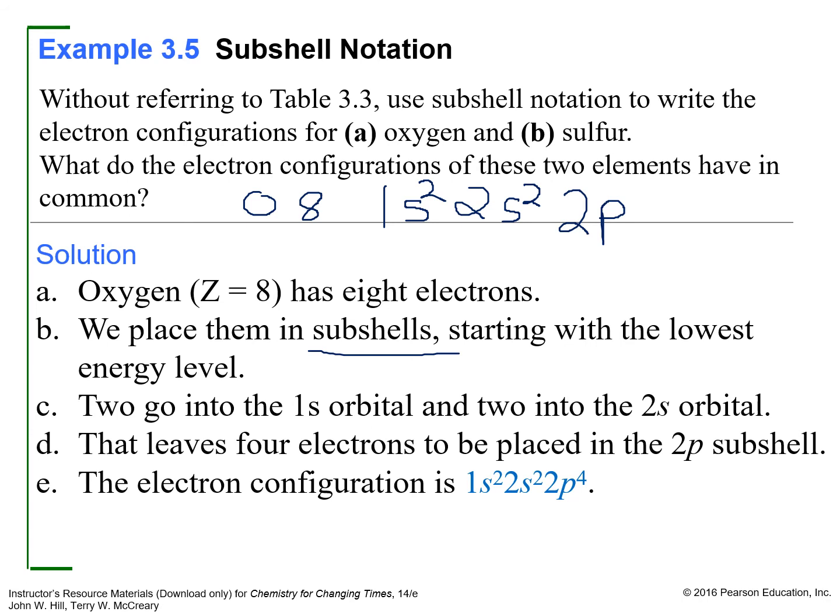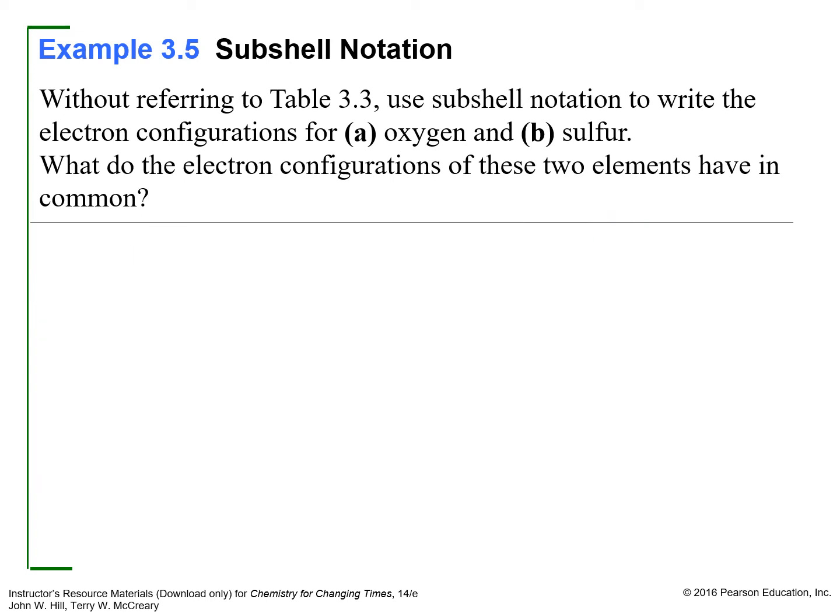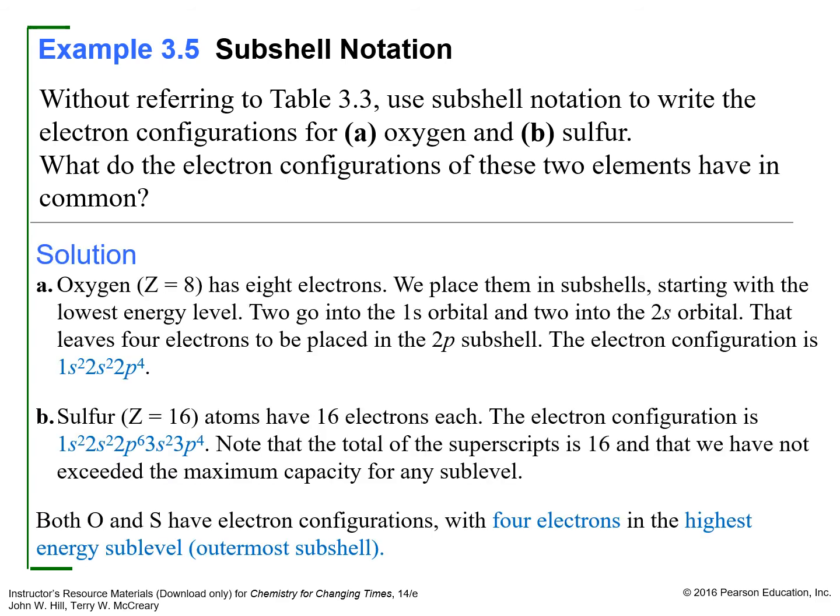So 8 minus 4, I will write here 4, because p can have a maximum of 6. So that would be my electron configuration for oxygen, and you can practice that for sulfur, which has 16 electrons. I would pause the video here, write the electronic configuration for sulfur, and then check the answer.